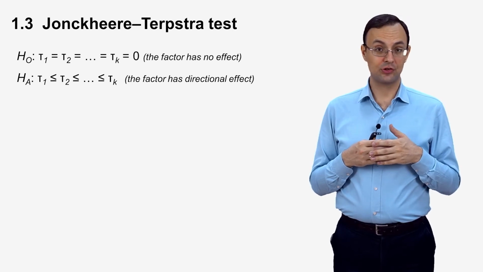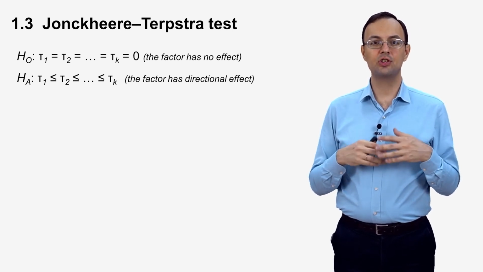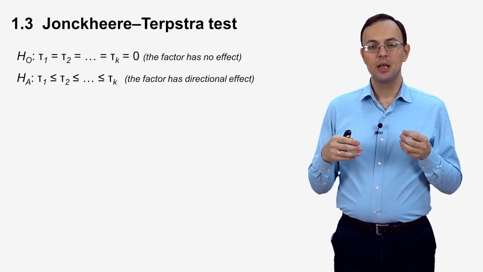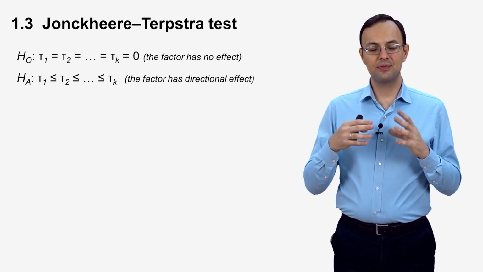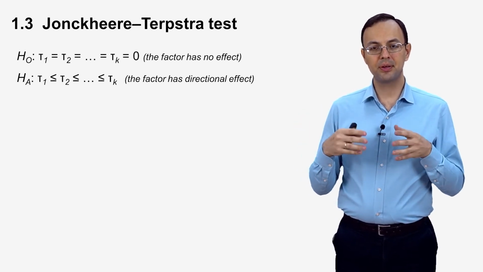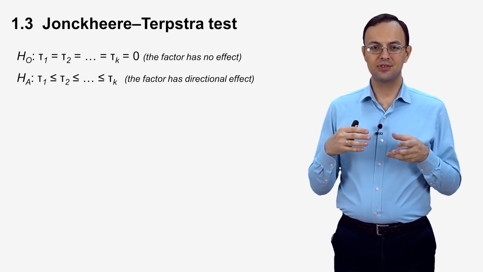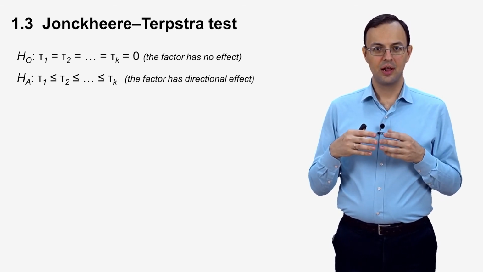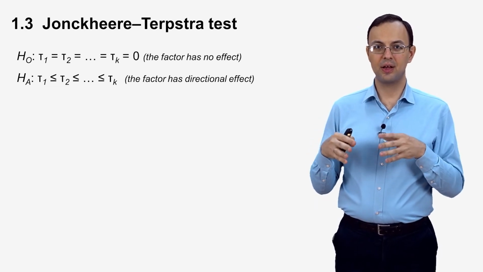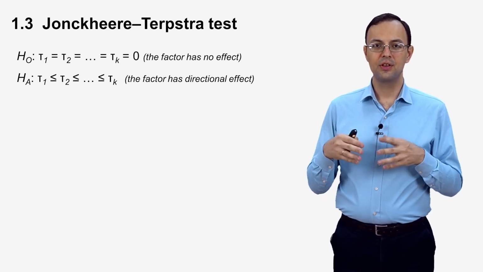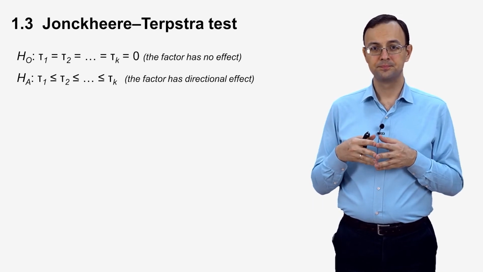our hypothesis actually is not that education just has some effect, but we suppose that this effect is directional, that people with secondary education have higher salaries than people with primary education. And people with higher education have higher salaries on average than people with secondary education.